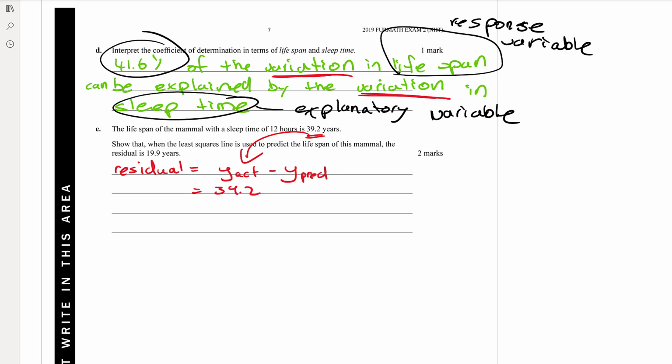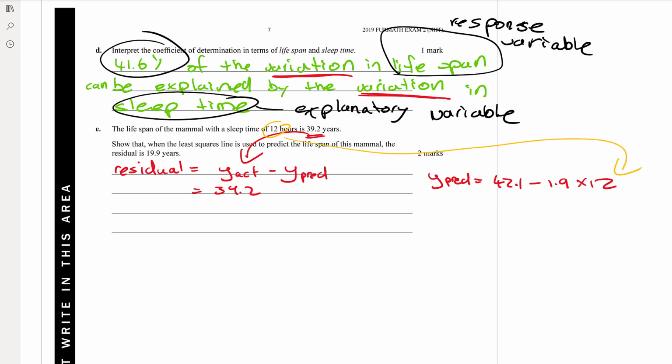Now, what's y predicted? Well, we need to use the equation we got before: y predicted equals 42.1 minus 1.9 times 12, since we've been told our sleep time is 12. Just to be clear, that 12 is what I've used there.